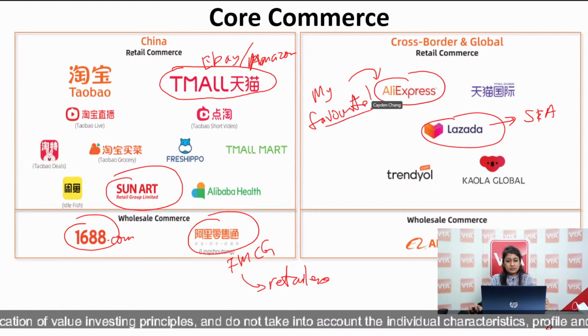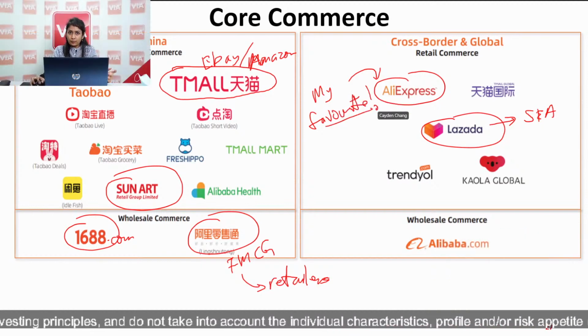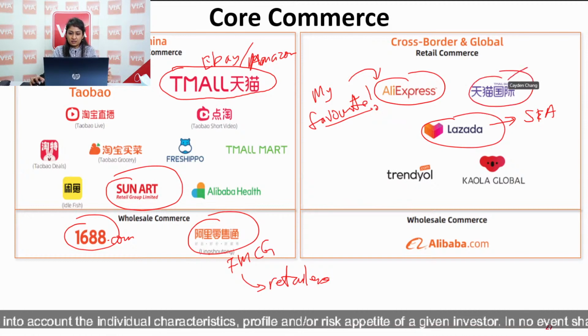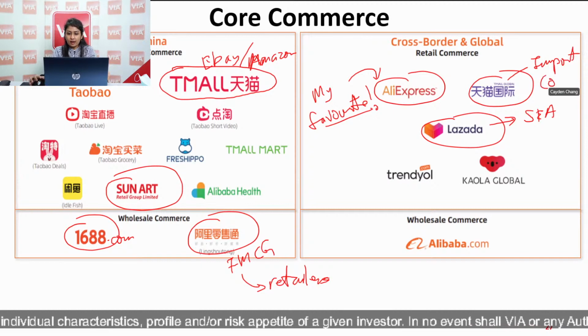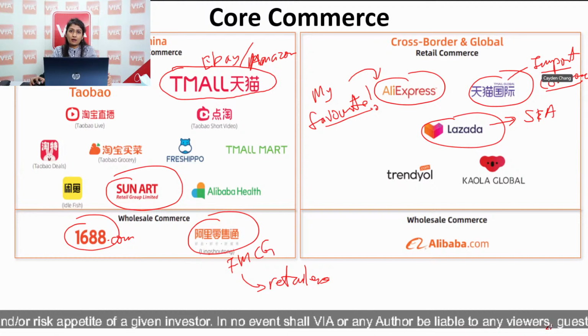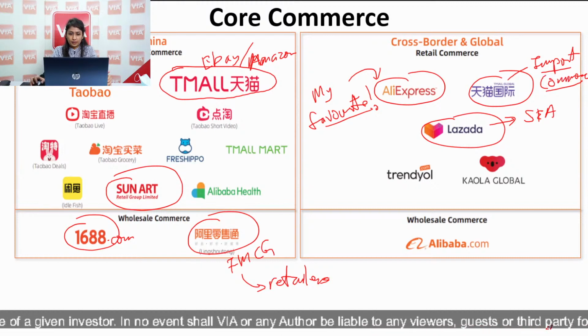Then we have Tmall Global, which is for import commerce. It allows overseas brands and retailers to sell to consumers in China, and it is the largest import e-commerce platform in China. Then under cross-border and global wholesale commerce, we have Alibaba.com.